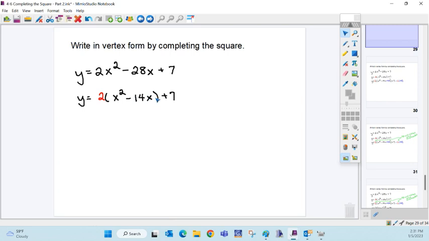So we will need to complete the square within this little place, okay? But our adding and our subtracting are going to be a little bit different. Everybody understand about factoring out the 2 before we move on? Okay. So here's what happens with the adding and subtracting.